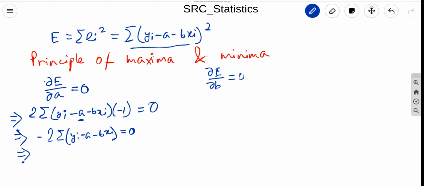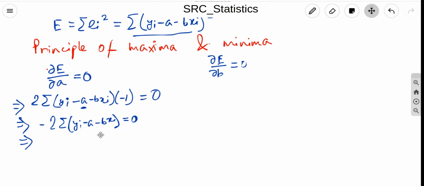Sending minus 2 to the right-hand side, we get summation (yi minus a minus bxi) equal to 0.